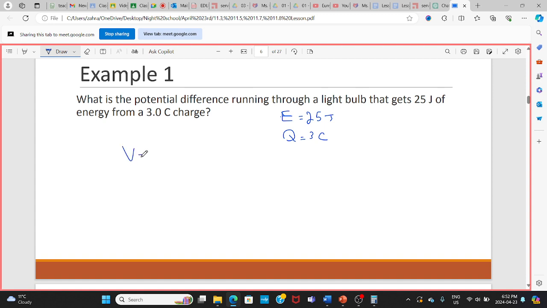Let me put the equation first. It's energy per coulomb. Energy per charge is 25 divided by 3 joule per coulomb. I'm not putting that in the calculator, just that.